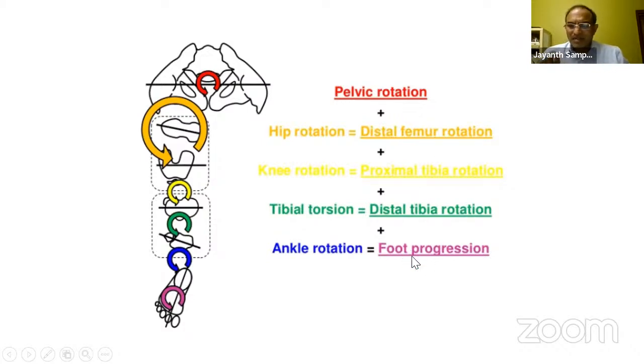And in some systems, the foot progression angle is represented in relation to the lab axis, and in some systems, foot progression angle is represented in relation to the tibia. So it's very important for surgeons to know what is the convention that is followed in the particular gait analysis system that you are using.